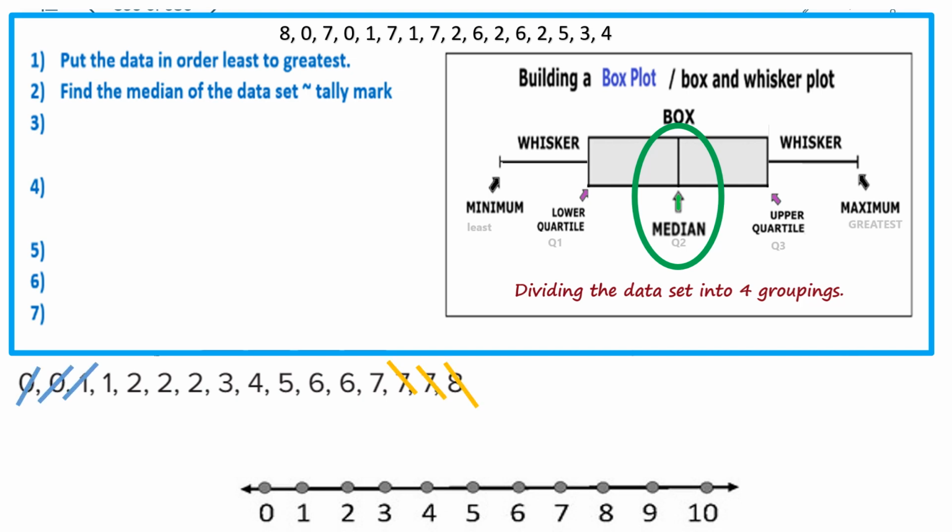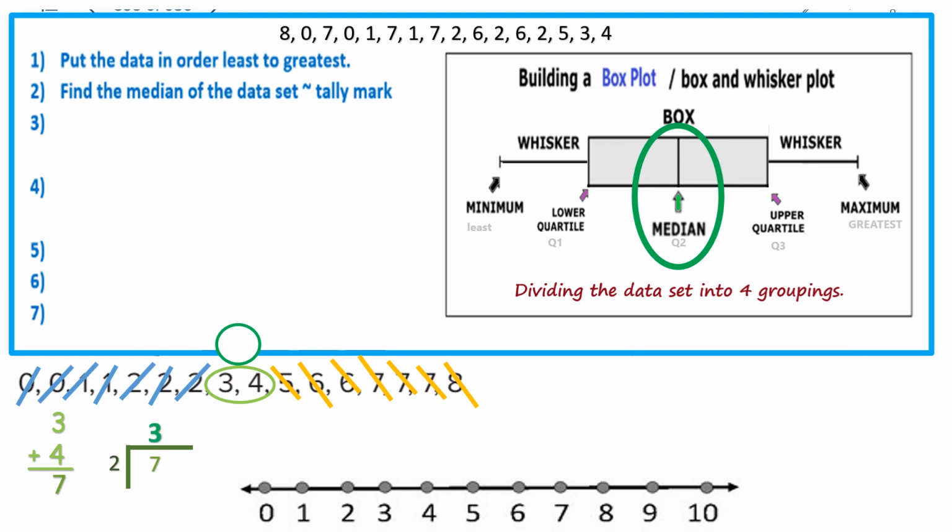So first I start by crossing them off left and right in groups of 2 until I'm left with my center numbers. In this example, it's an even number of data points, so I know that I have to add them together and divide by 2, also known as finding what's in the middle of them, or averaging them. So when I find the actual median of my group, I have 3 plus 4, which is 7.